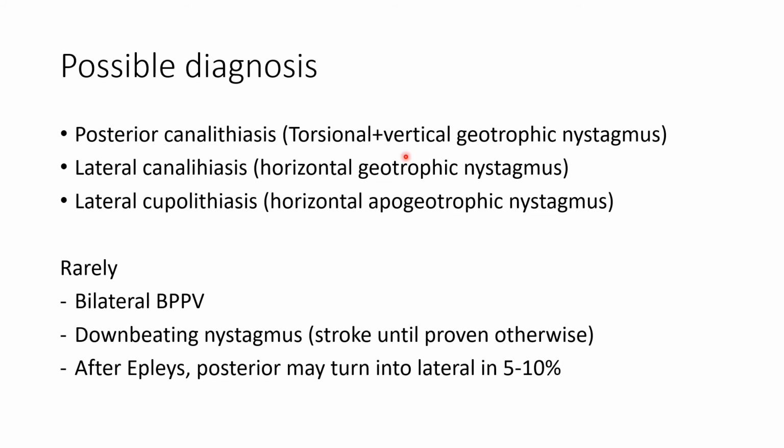It's important to know that the vertical part of this is not at rest. It is when you're doing a provocative test, and that is something totally different. It does not indicate a central cause, in the same way as a spontaneous nystagmus, when you're not doing a provocative test, would if it's vertical. So then you have your lateral canalithiasis.